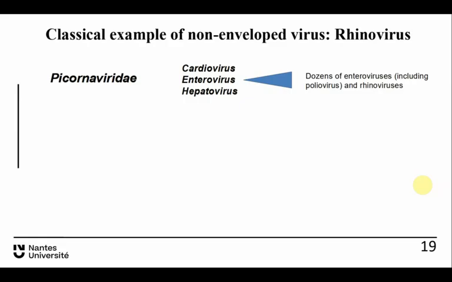So the example here is going to be the Picornaviridae. So it's a big, diverse family, with 3 genera important for human infections in any case. So cardiovirus, hepatovirus, so this is like hepatitis A virus, and the enterovirus genus is composed of dozens of enteroviruses and rhinoviruses, and poliovirus is an example of an enterovirus species.